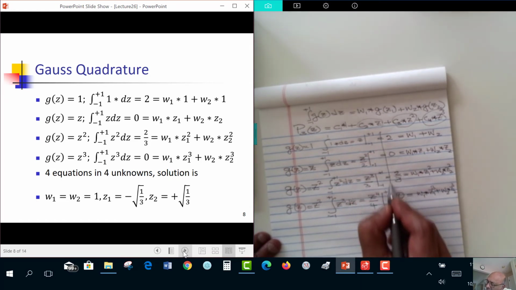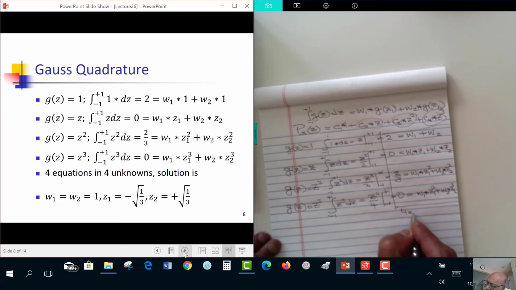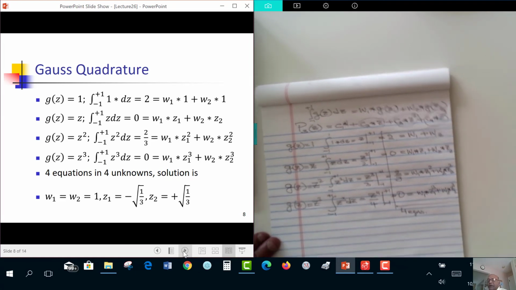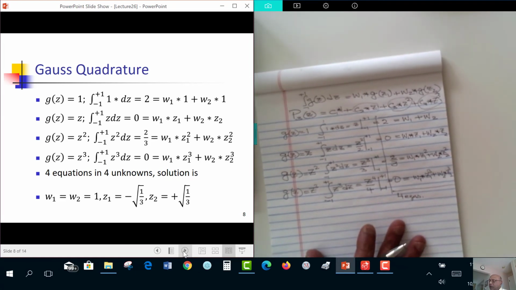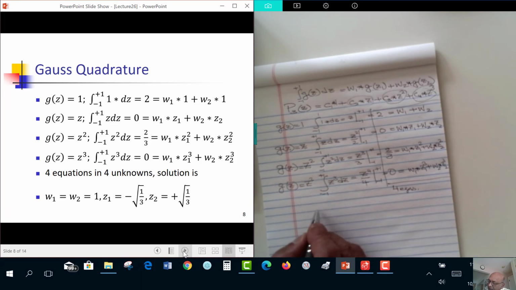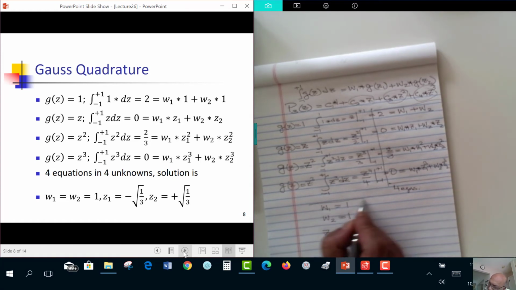So you see we have 4 equations here involving 4 unknowns that we want to find out: W1, W2, Z1, Z2. So W1 comes out to be 1, W2 comes out to be 1, Z1 comes out to be -1 over square root of 3, and Z2 comes out to be +1 over square root of 3.